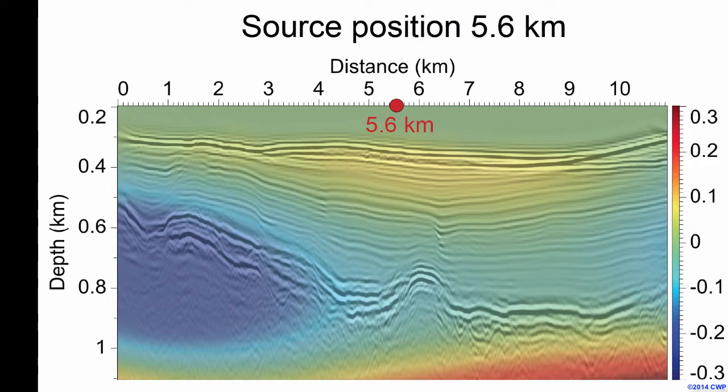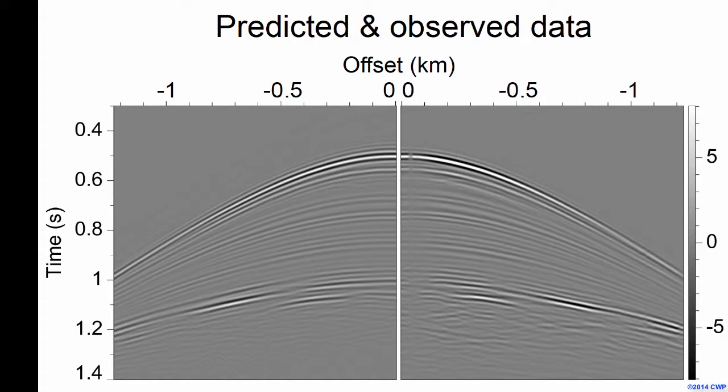Okay, so going now to the second shot position. Here we're going to look at data computed for a shot at 5.6 kilometers. On the left again is predicted data, on the right is observed. Here, for example, you can see this event that we've predicted on the data on the left.